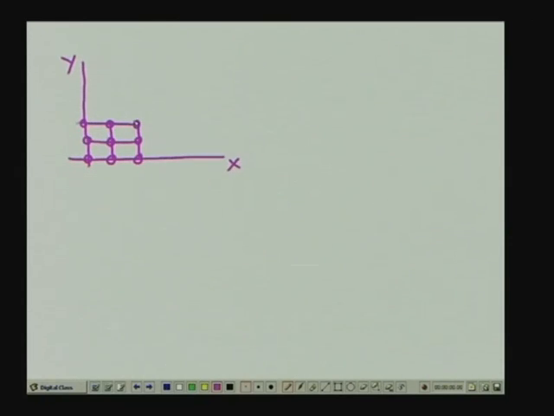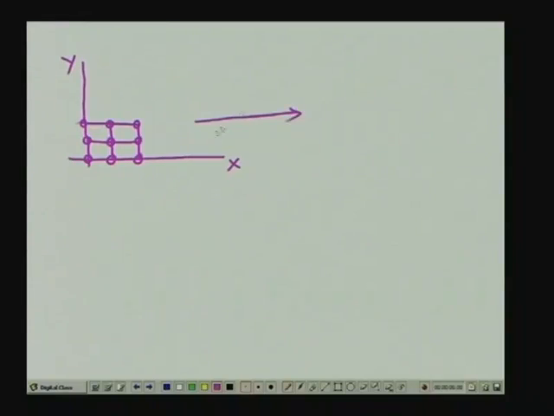Now, let us try to apply some simple geometric transformations on this image. Say for example, I want to scale up this image by a factor of 3 in both the x dimension and y dimension. So, this 3 by 3 image will become a 9 by 9 image. Let us see how the pixels in the 9 by 9 image can be obtained.